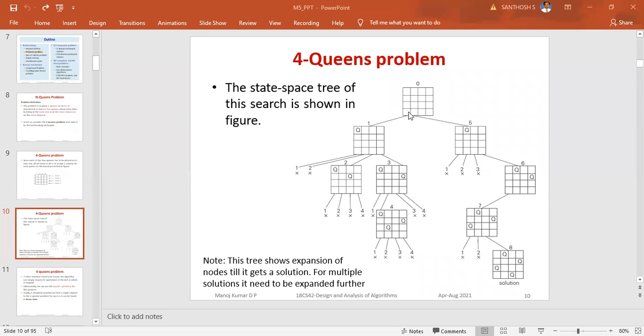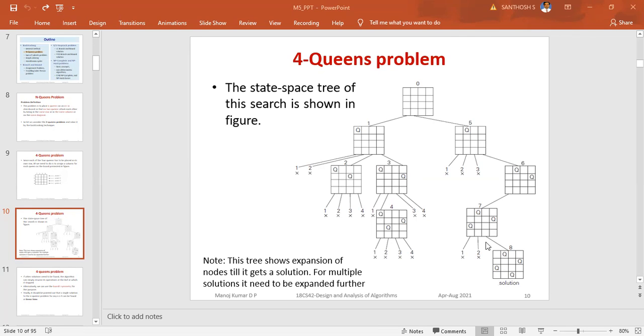So this Q can be placed in the second position also. If it is placed in the second position, you can't place it in the first position, second position, third position, you can place it in the fourth position. If it is placed in the fourth position, now you see, this column you won't get, here also diagonal you won't get, here also column you won't get, here you can place it.